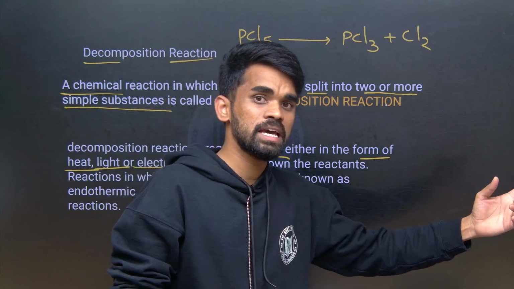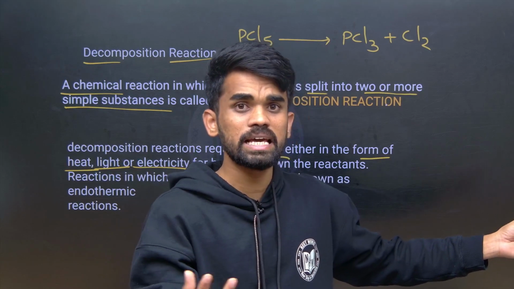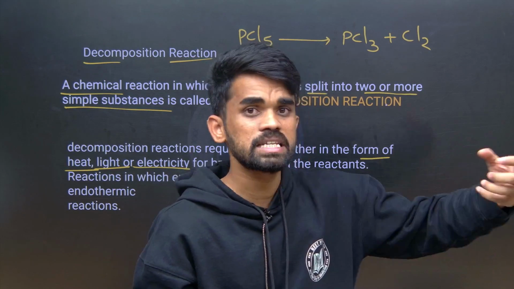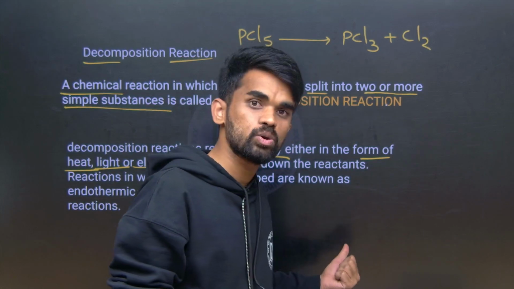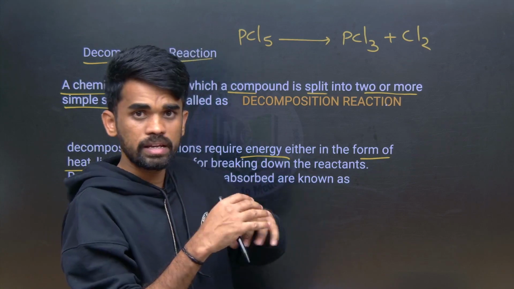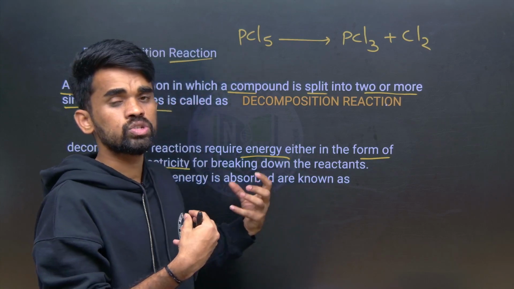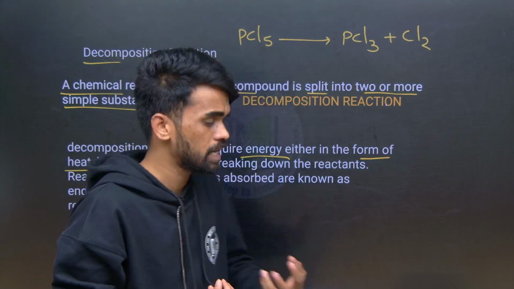In the previous case, like when we make slaked lime, heat is released, so that is exothermic. Here decomposition reactions require energy to be consumed, and therefore the reaction takes place.